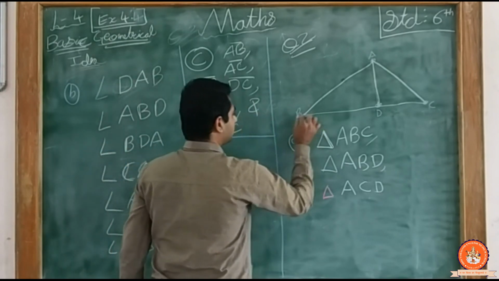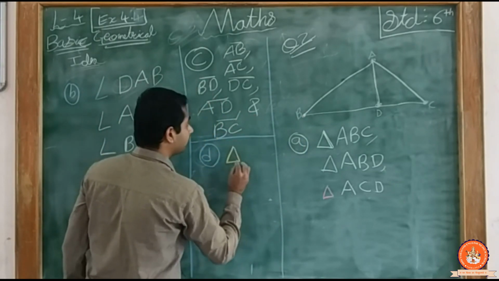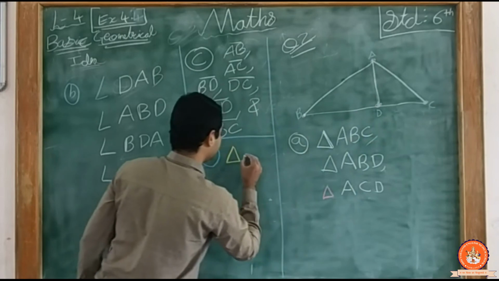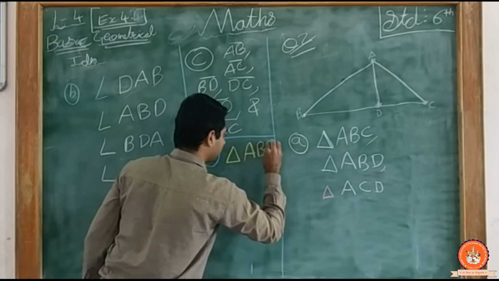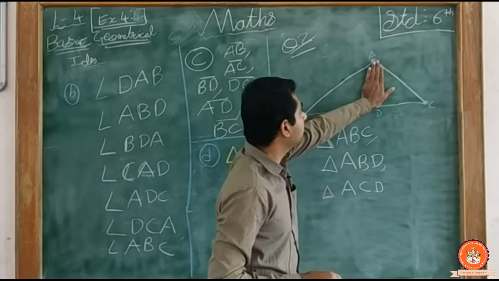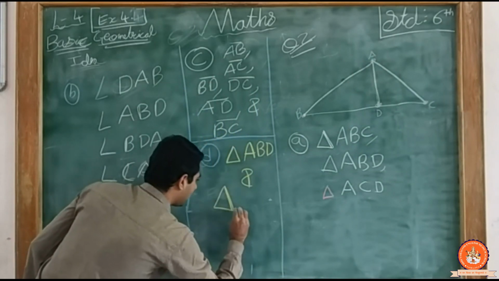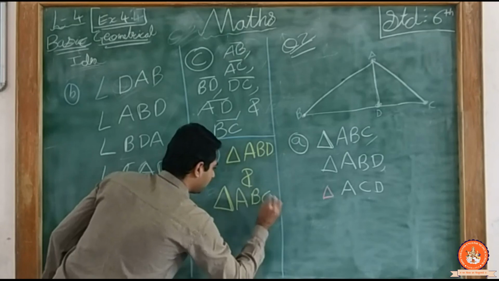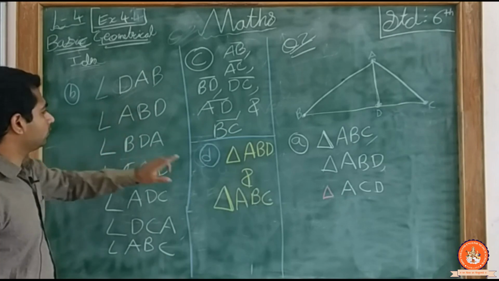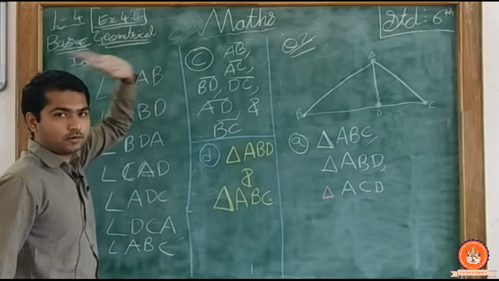Angle B is common. Which two triangles? So I can say triangle, if I don't have this one, I can say ABD, and if I don't have this middle line, it should be ABC. Yes or no? Triangle ABC. Clear? These are the 1, 2, 3, 4 parts of question number 2 for exercise 4.4.